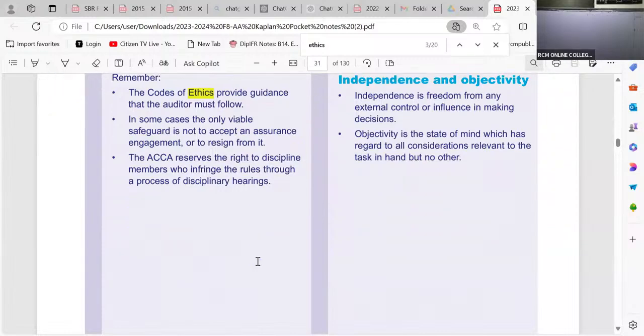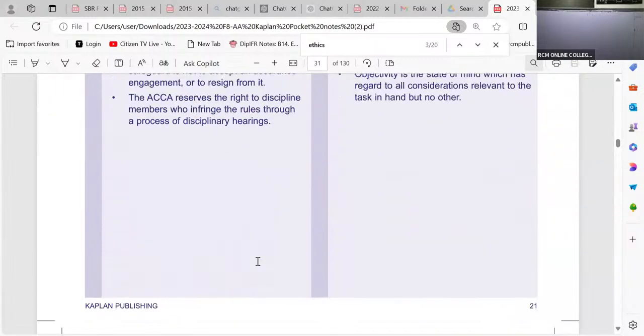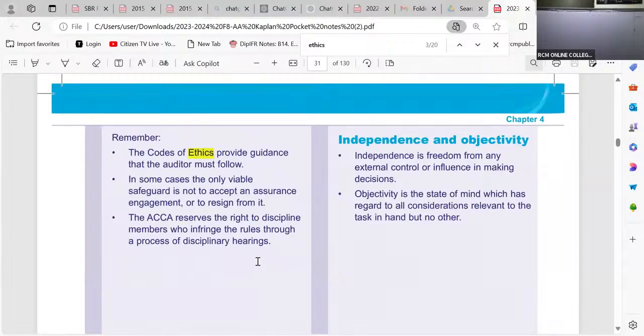Now, ladies and gentlemen, these are things that you have heard before. Like, for example, we have what we call independence and objectivity. Independence is freedom from any external control or influence in making decisions. Objectivity is a state of mind which has regard to all considerations relevant to the task in hand, but no other.